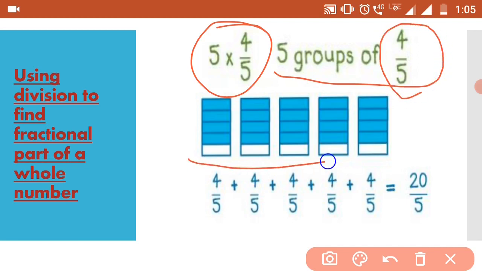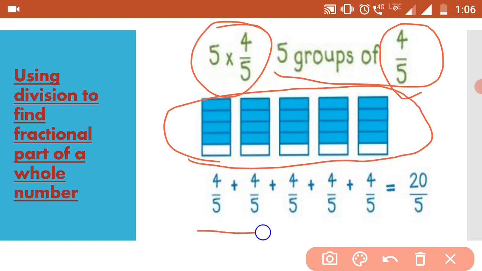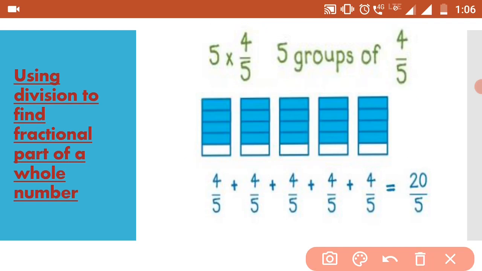So let's draw the 5 equal groups of 4 by 5 fractions, and if you add them, you'll get 20 upon 5 total fraction. So you have to find out the total fraction, and you can do it in a simple way also.